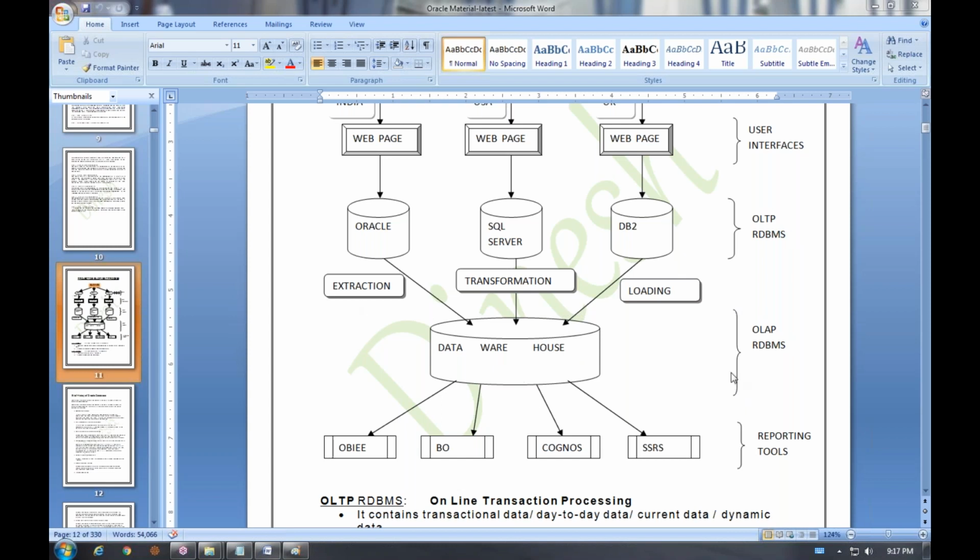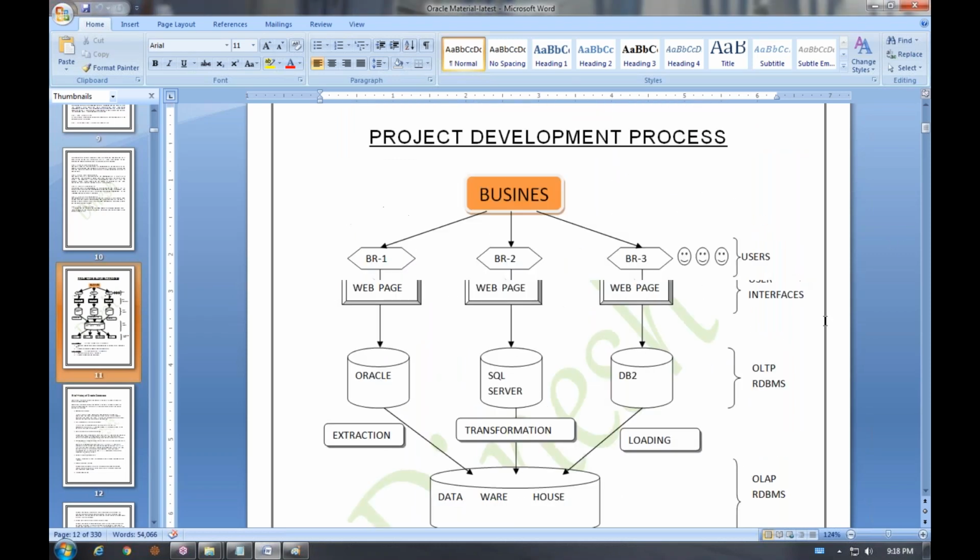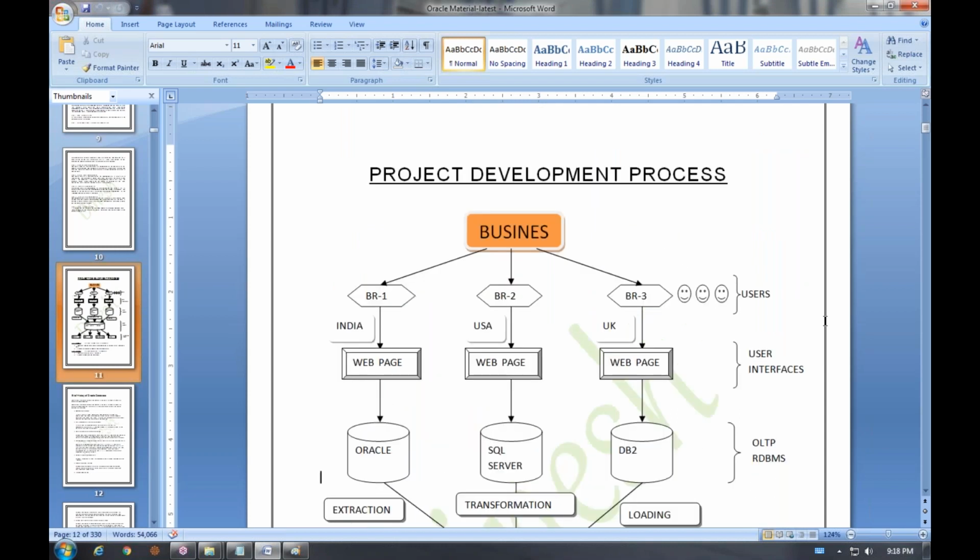You are not maintaining one. Let us assume your business started in 2002. How many years completed? Almost 16 years completed.